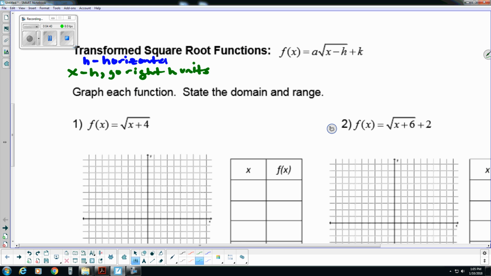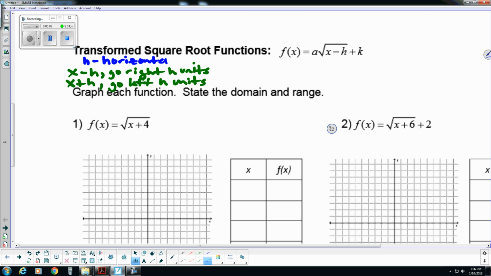That's what the h does when it's x minus h. When it's x plus h under that radical sign, you can probably guess it, we're going to go left h units. So h moves us horizontally, either right or left.